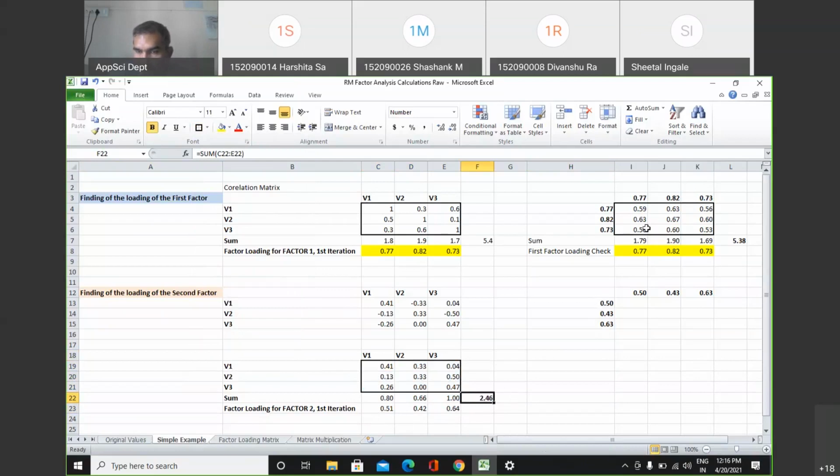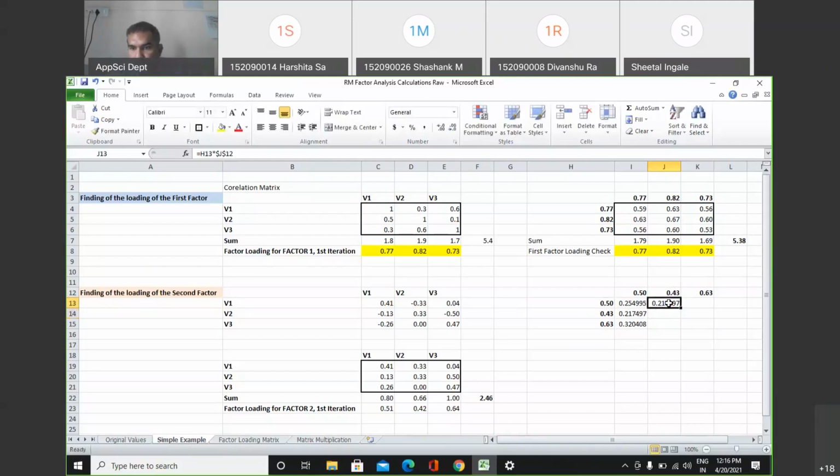Similarly, how we made this matrix, the same way we are trying to make the matrix of the initial loading we got. Let's see what happens. We will fill out these values like before. If we want to drag it here, I will fix the I value. And here I will fix the J value.